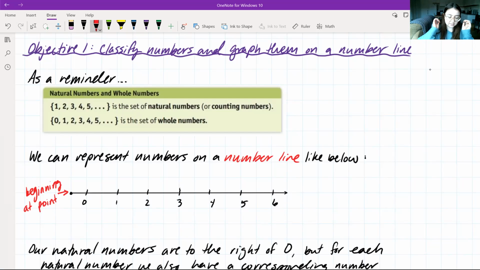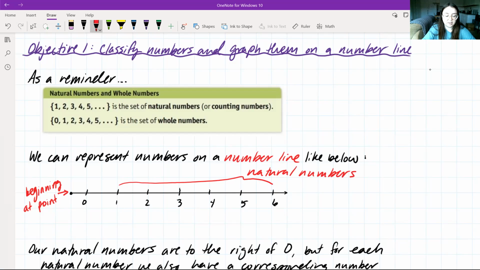Then we want to identify our natural numbers and our whole numbers on a number line. Our natural numbers, since we know, are going to be 1 to infinity. On this number line where we have identified 0 through 6, we would say that 1 through 6 in this case are our natural numbers.